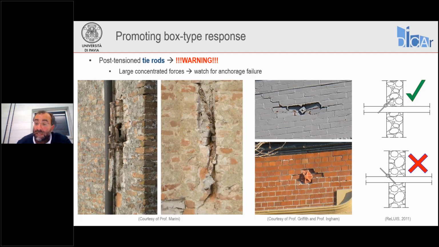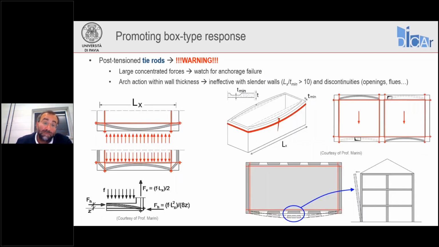The other half is just pushing on a wall without anything to bear against. And that's something that should be avoided in order to prevent problems with bearing and with anchorage of the tie rod.